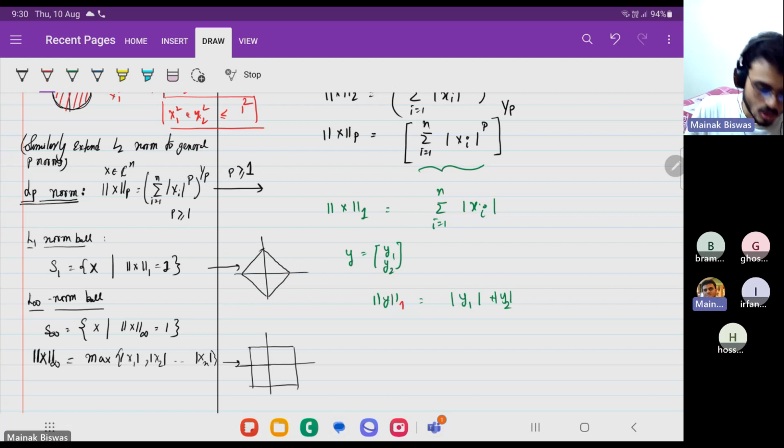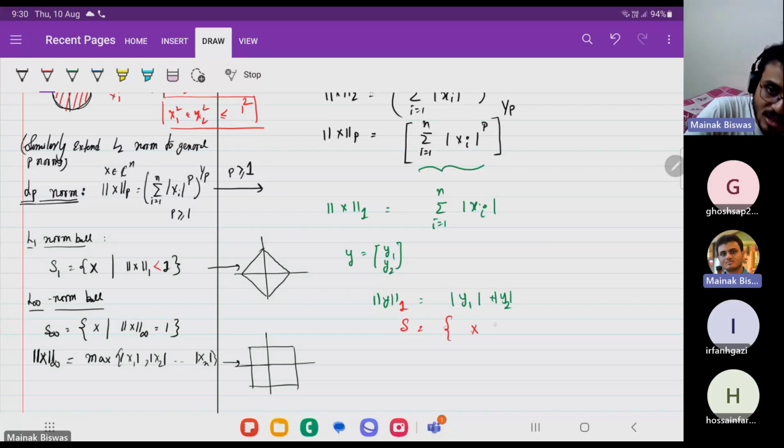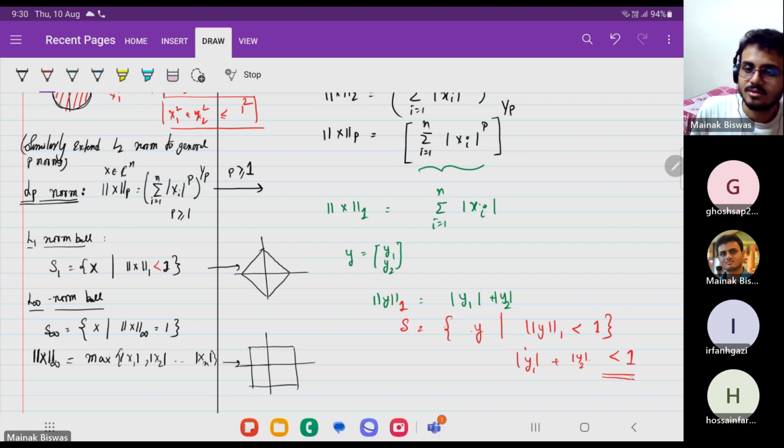Yes. So if I define a set such that it is all those vectors such that the norm of y is less than 1, what will it mean? It will mean mod y1 plus mod y2 is less than 1, right?